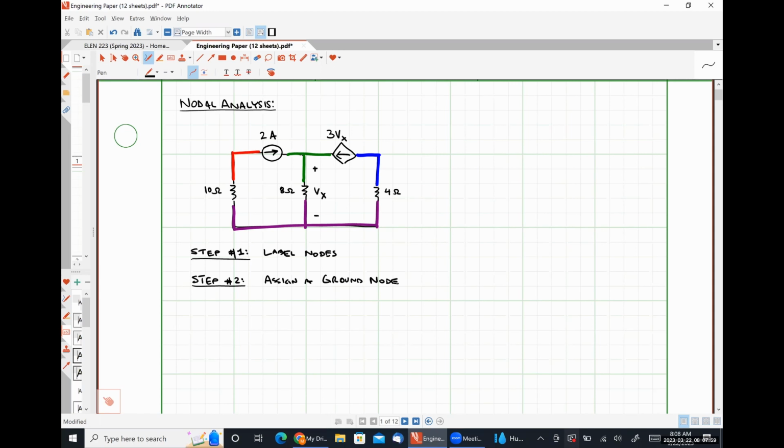So generally speaking, I choose my ground node to be the node with the most amount of elements connected to it. Okay. I'm going to modify that statement once we include voltage sources in our circuits. So right now, the bottommost node has 3 elements connected to it, and the top middle node also has 3 elements connected to it.